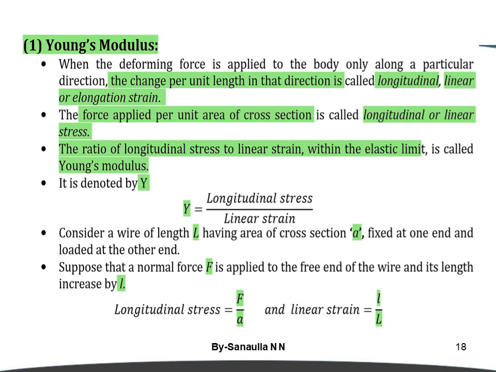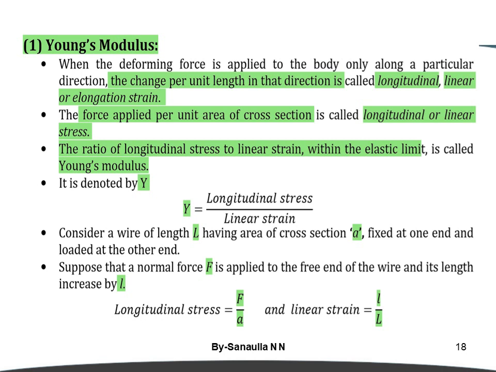The ratio of longitudinal stress to linear strain within the elastic limit is called Young's modulus, and it is denoted by capital Y. Mathematically we can say that Y is equal to longitudinal stress divided by linear strain, or simply linear stress to linear strain.